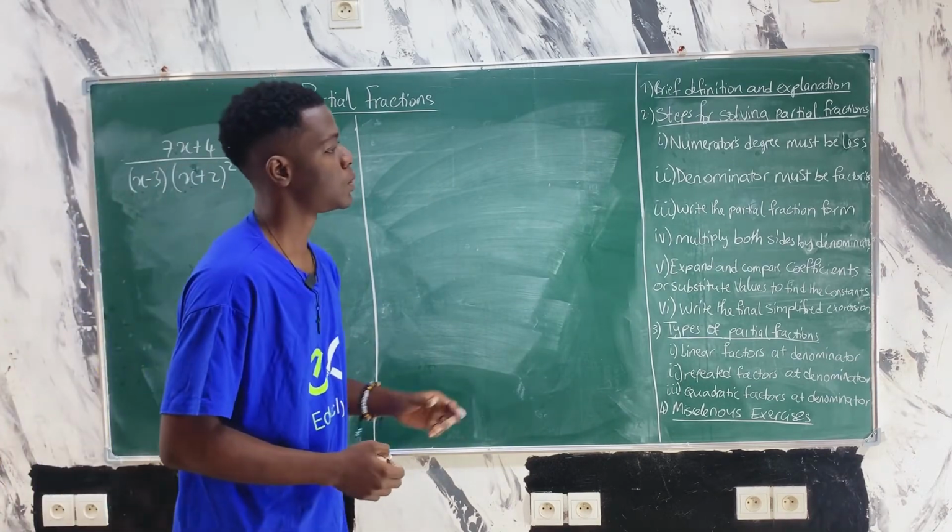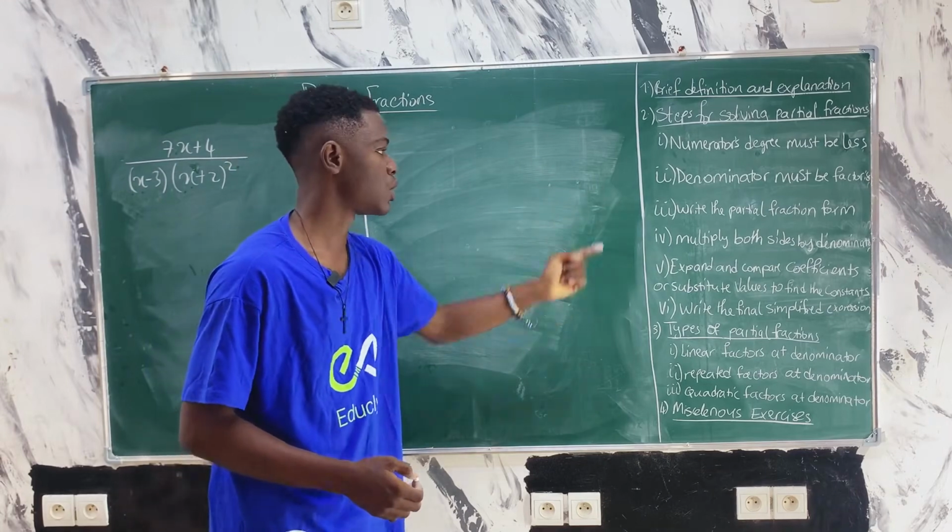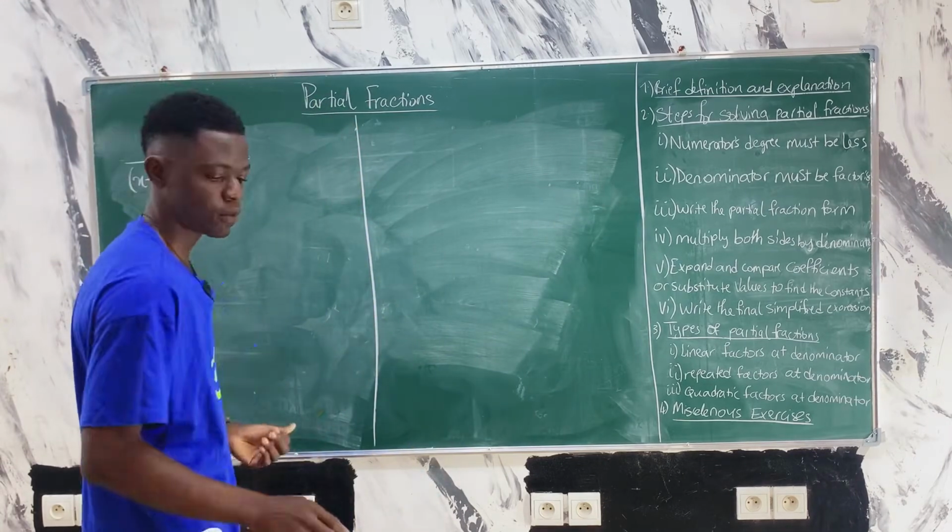If the first two are fulfilled, then you can go to the third step, which is to write the partial fraction form.